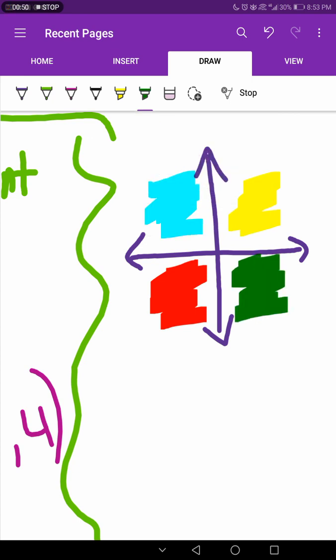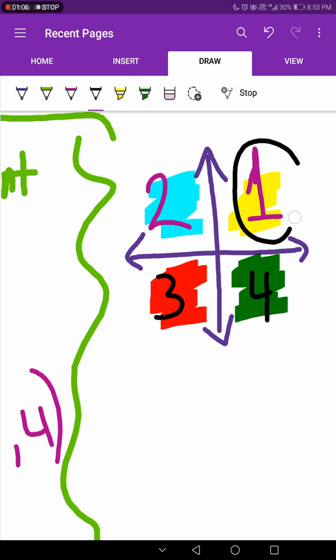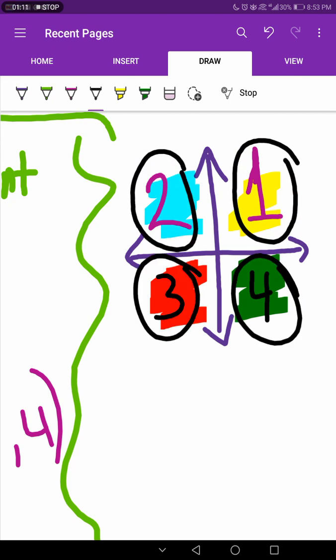Four partitions, and you have to know this is called quadrant number 1, and this is quadrant number 2, and this is a quadrant number 3, and this quadrant number 4. So this is the first quadrant, the second quadrant, the third quadrant, the fourth quadrant.